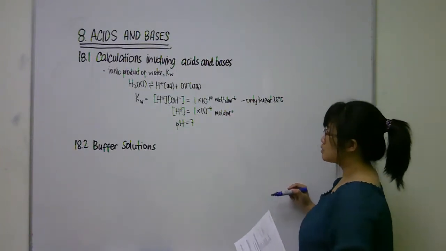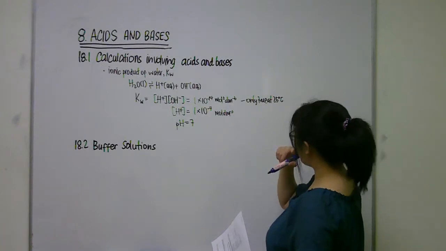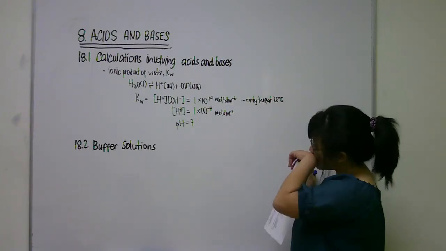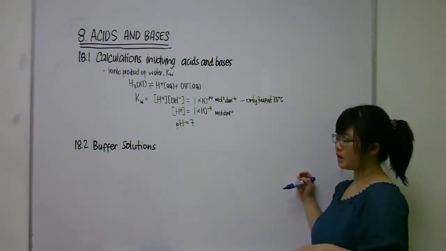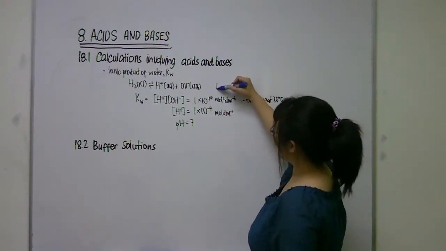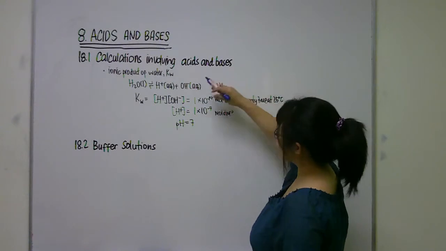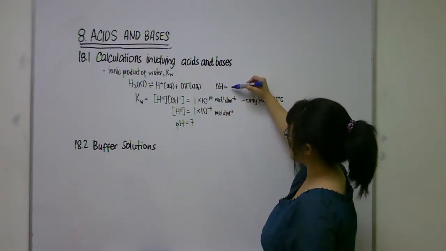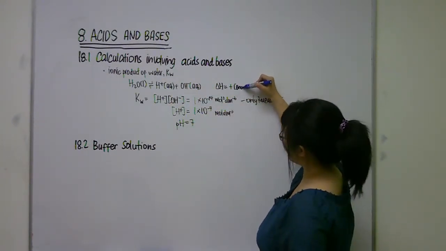This one again will relate to the previous chapter, equilibrium. Students should be able to deduce that the delta H of this dissociation will be positive, or endothermic.